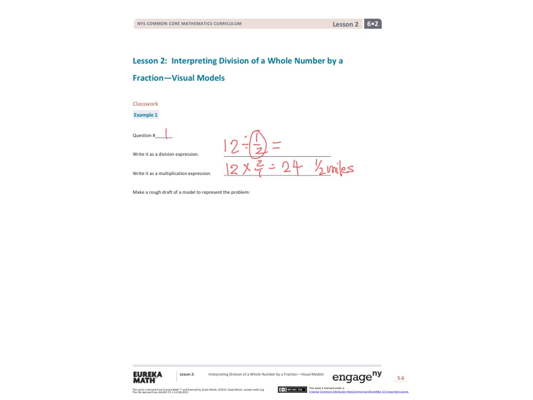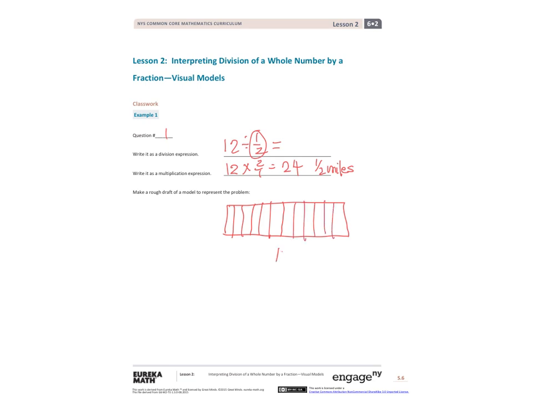We still have to make a rough draft of a model to represent that problem. So if I had 12, let's say here's 2, and then I'm going to divide this up into 12.